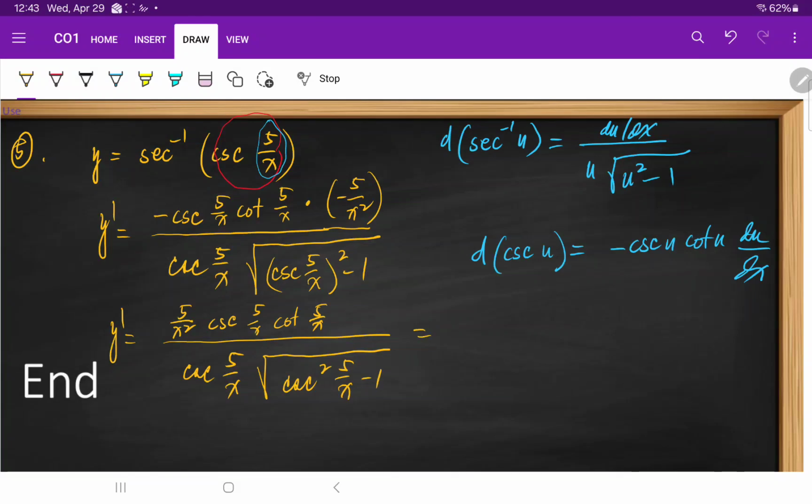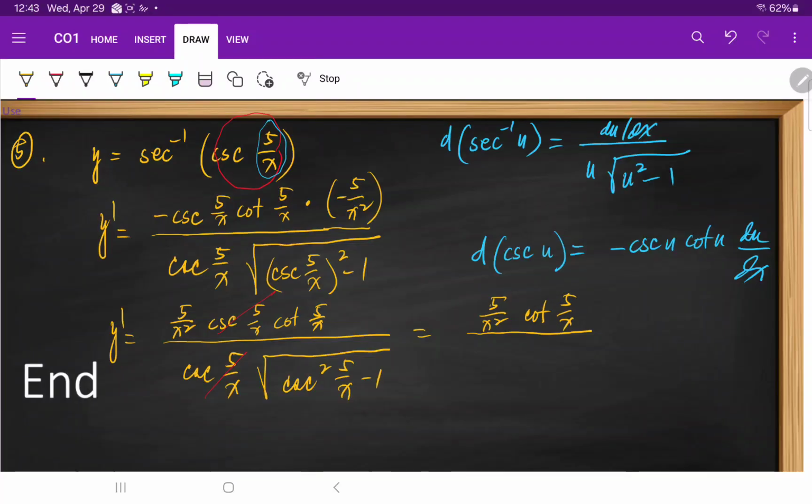So, we can cancel out this and this one. So, what's left in the numerator is 5 over x squared, then cotangent of 5 over x. Tama ba?